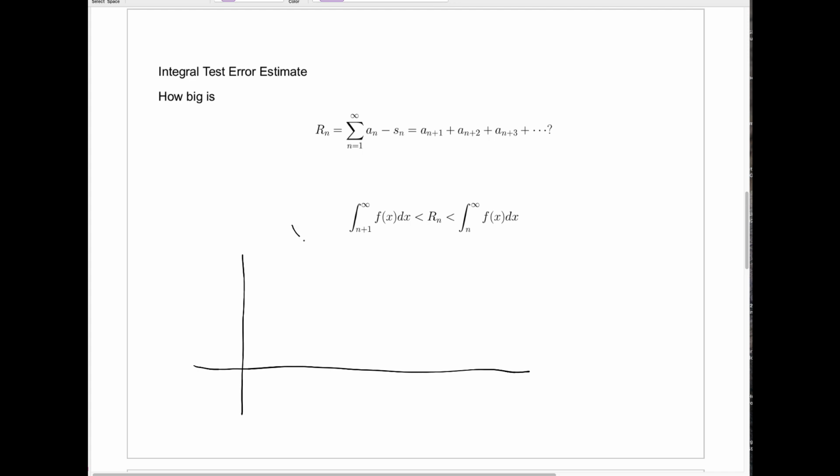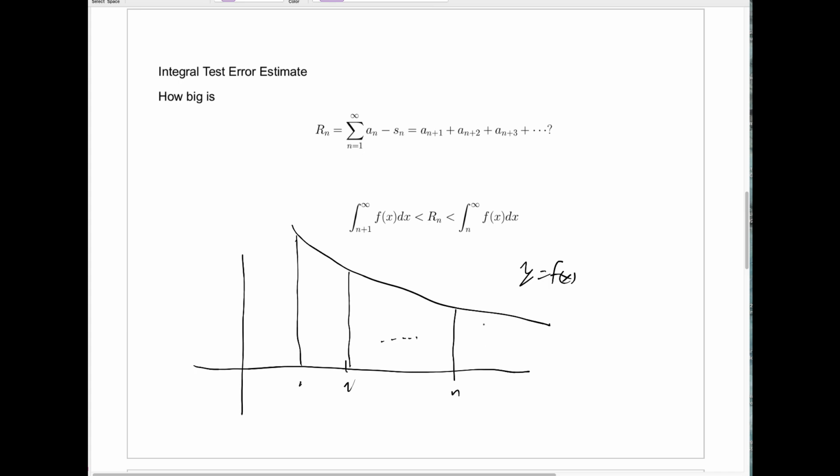So let's say we have here a graph y equals f of x. Remember, it has to be a positive, decreasing, continuous function. So 1 might be over here, 2 here, and then we'll just skip ahead. Let's say we have n here, n plus 1 here, n plus 2 here, etc.